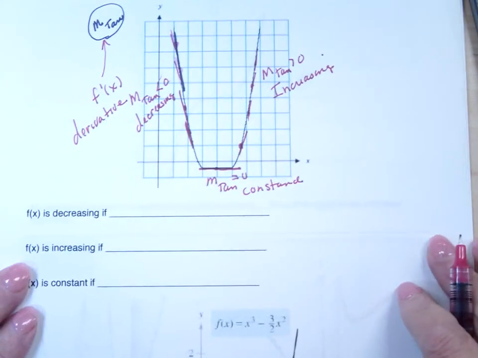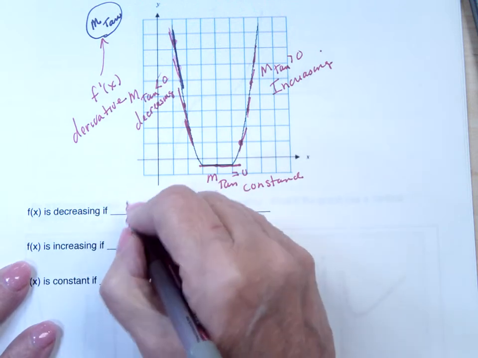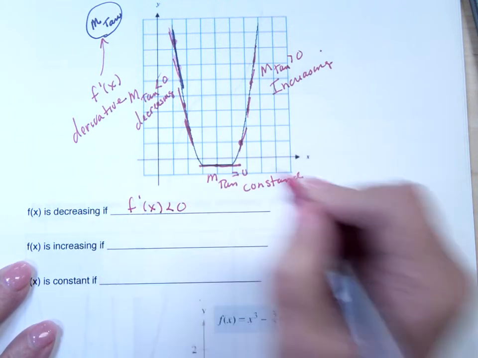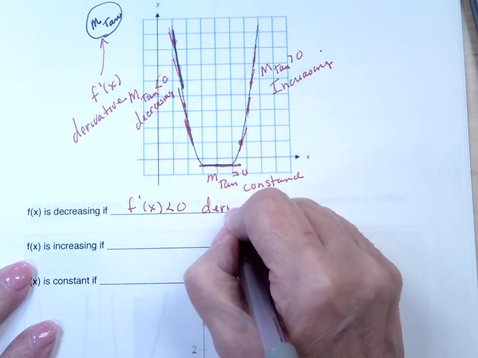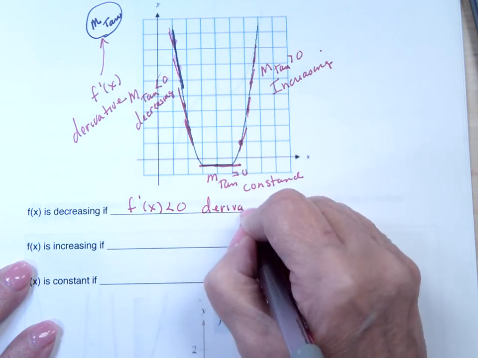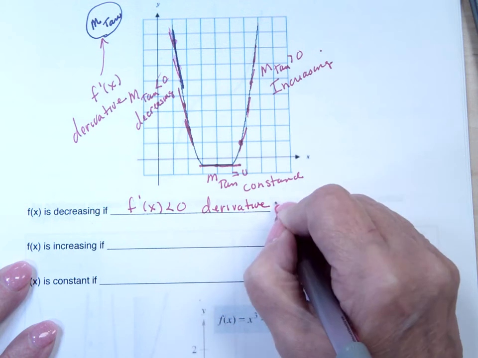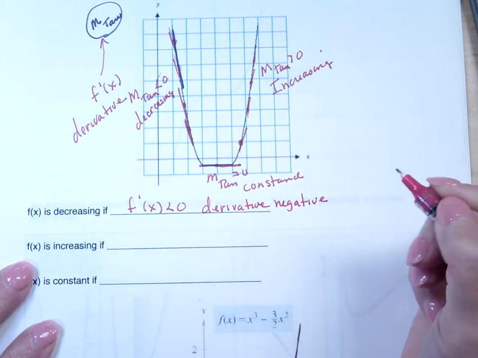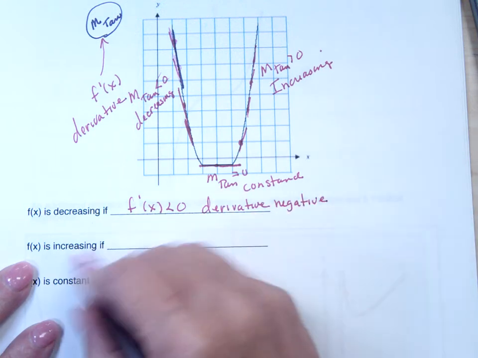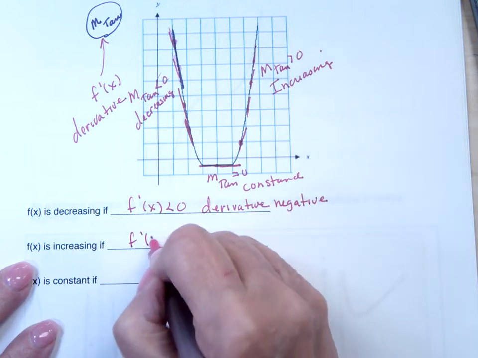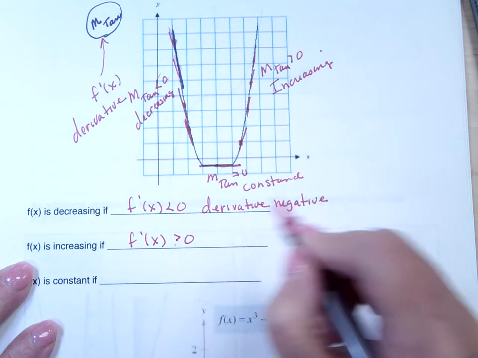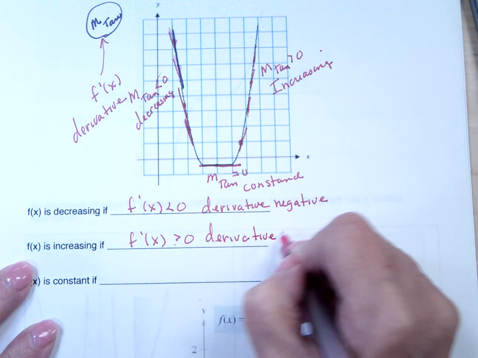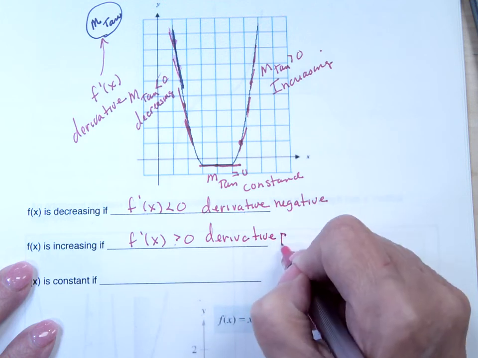So f of x is decreasing if f prime of x is negative, or we can say the derivative is negative. F of x is increasing if f prime of x is positive, or the derivative is positive.